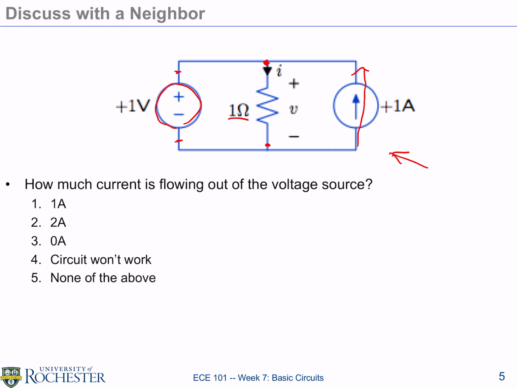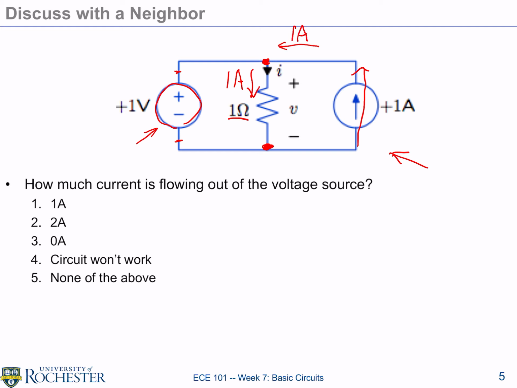Some of the other laws that we're going to look at in detail are what I call conservation laws, if you wish, or invariance laws. So we know already the voltage across this is 1 volt, and we'll see why in KVL. That's dictated by the voltage source. Therefore, there needs to be an amp of current flowing this way, 1 amp. And we also know there's an amp of current flowing this way.